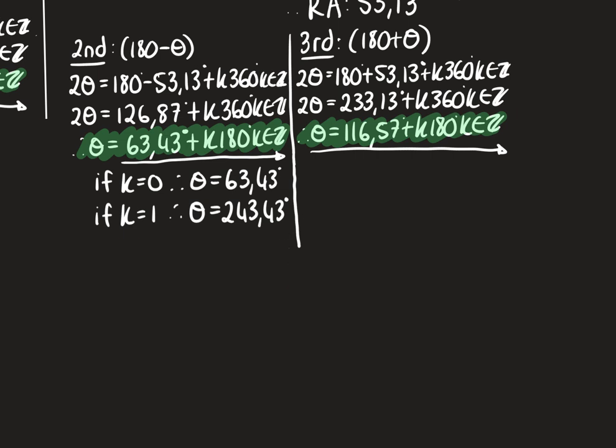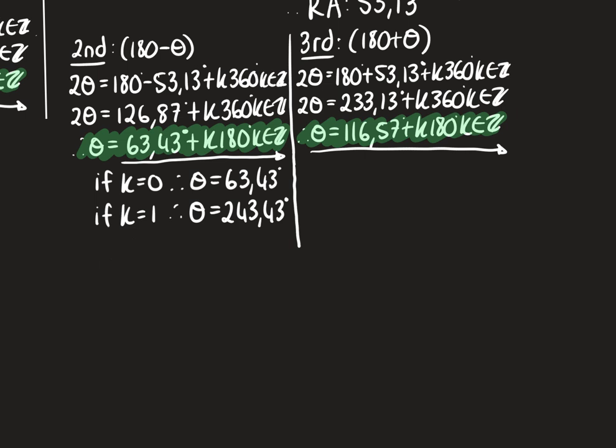Let's try -1 as well. Remember, I told you it's the positive and negative side of your number line spectrum. So if I now add -1 there, theta is going to equal 63.43 minus 180, which gives me minus 116.57. Does that fall between 0 and 360, everybody? No, it does not. Therefore, it will not be a solution, so we can erase it.